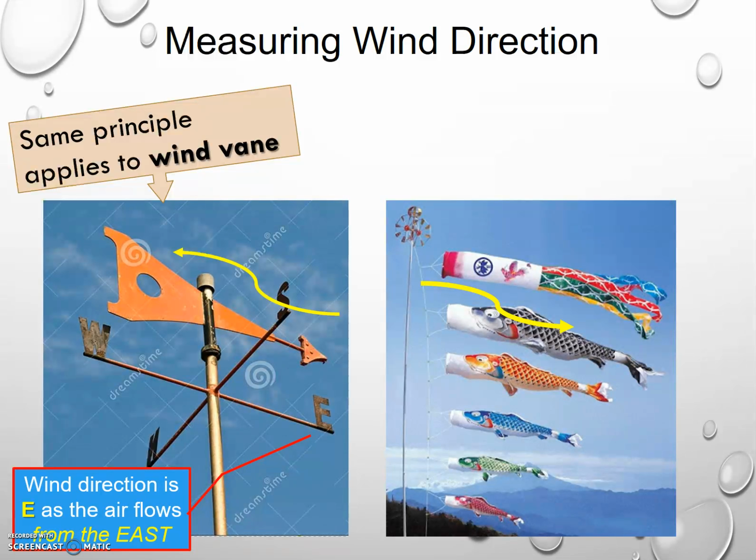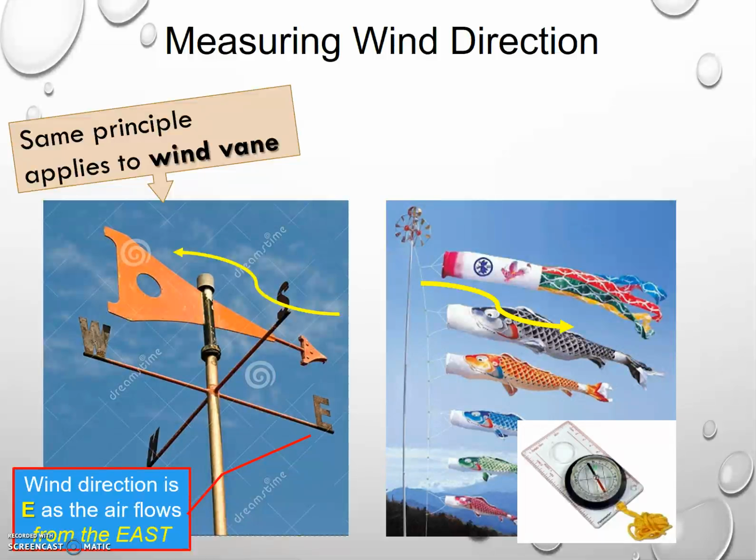It shows the direction the air flows to, but you need an orienteering compass to help you identify which direction the air comes from. Then you can identify the wind direction.